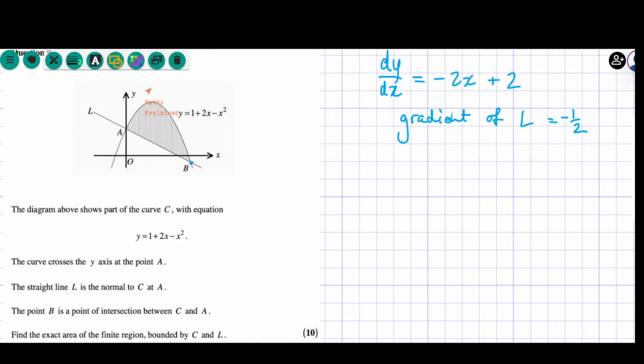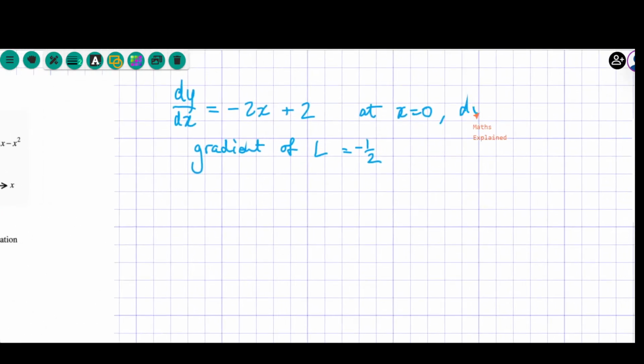Shouldn't the gradient of the tangent be positive? Looks like it, but when you find a gradient, you've got to put in a point, right? So sorry, that's actually a really good learning point. It looks like a linear equation, but you've got to put the point in. That's why I got confused. At x equals 0, we need to find dy on dx equals 2.